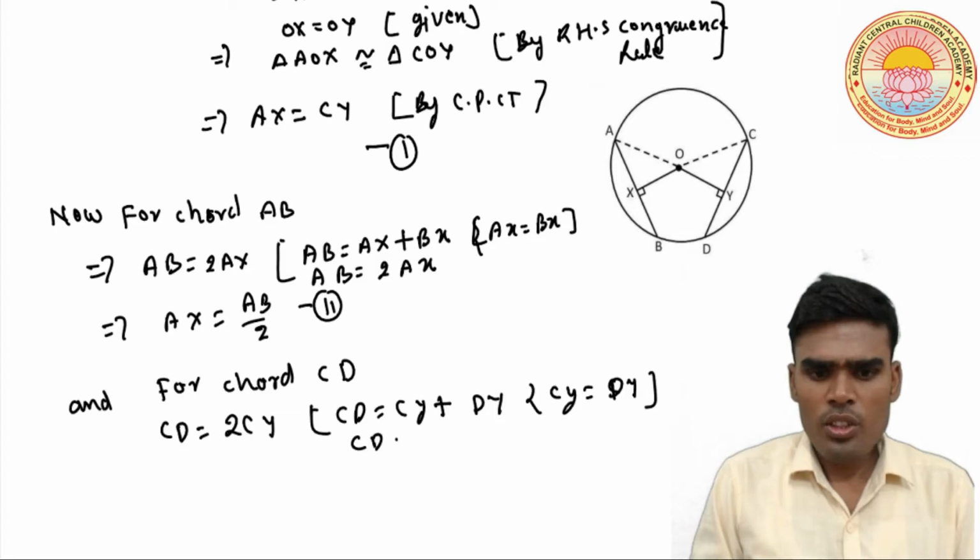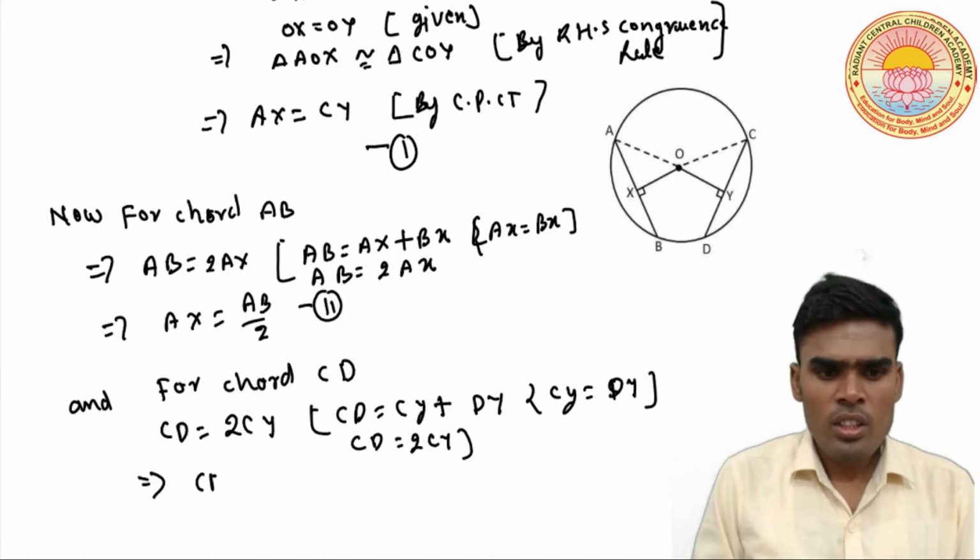So CD is equal to 2CY. This implies that CD upon 2 is equal to CY, equation number third.